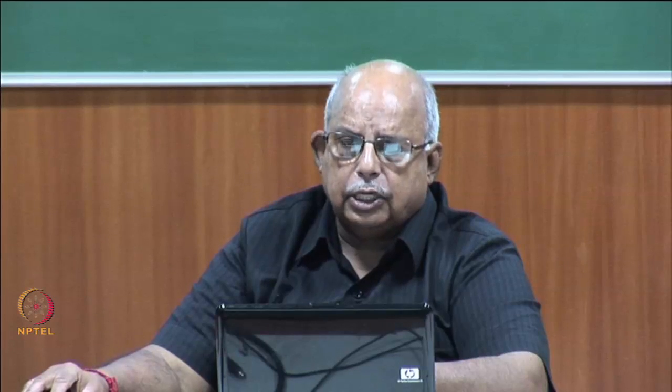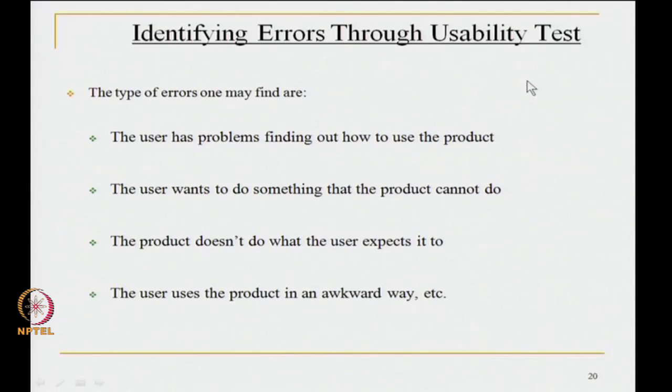Be that as it may, to get back to the simple everyday illustrations and simple everyday choices, I would urge you to recognize that types of errors which user surveys or usability tests can throw up would include the user wanting to do something that the product cannot do.